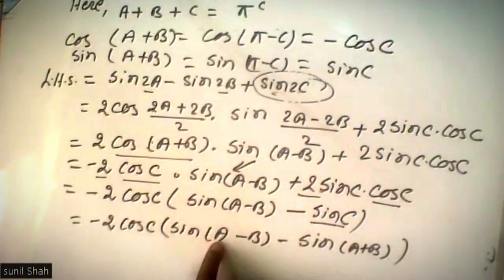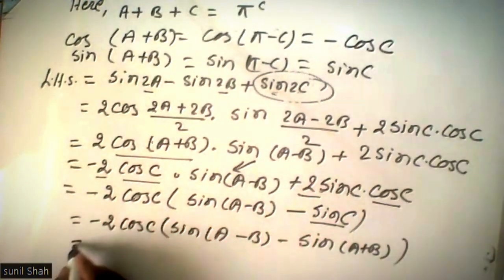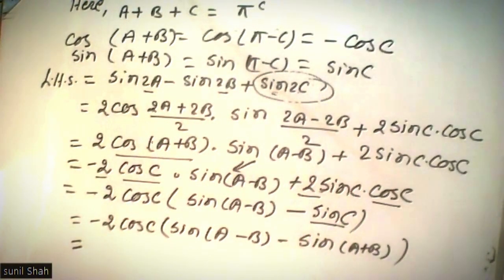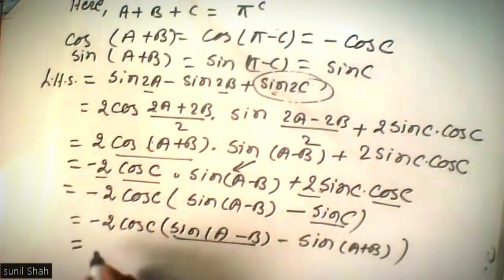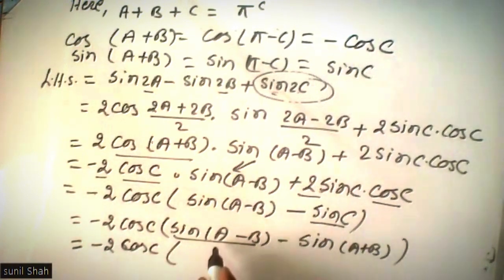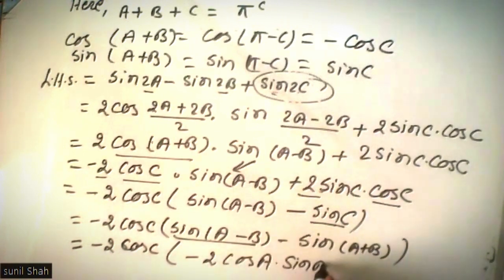We can use sin (a minus b) minus sin (a plus b), or sin c minus sin d. So using sin (a minus b) minus sin (a plus b), we have formula for this also. Sin (a minus b) minus sin (a plus b) has a formula, minus 2 cos a into sin b.